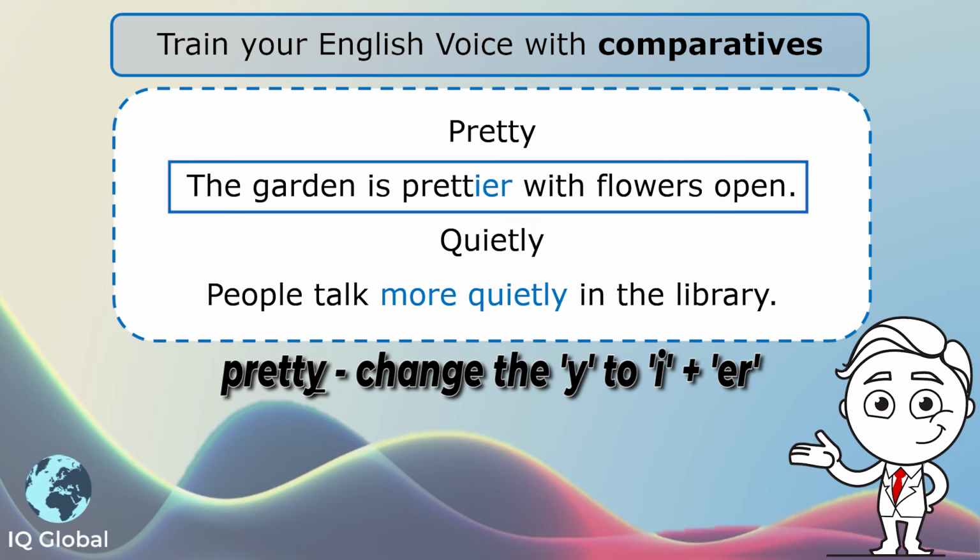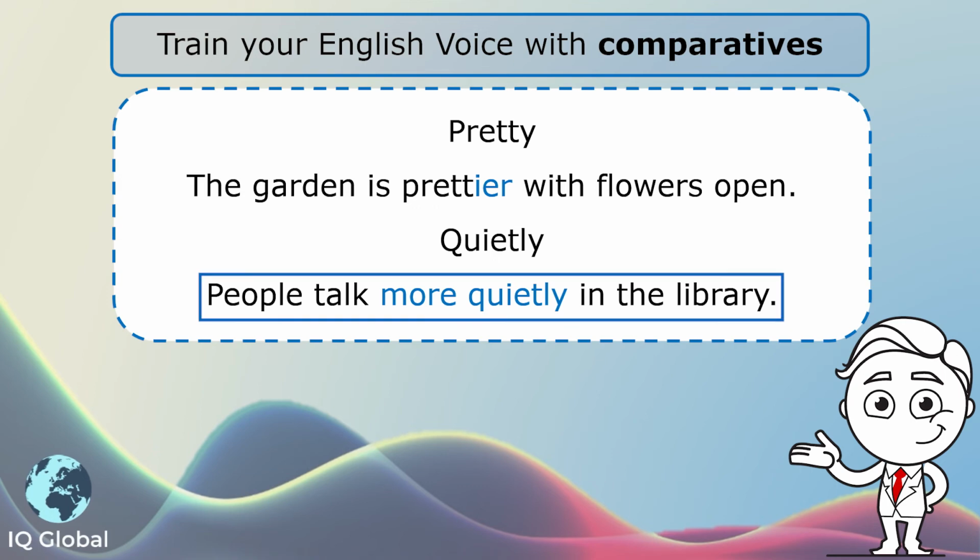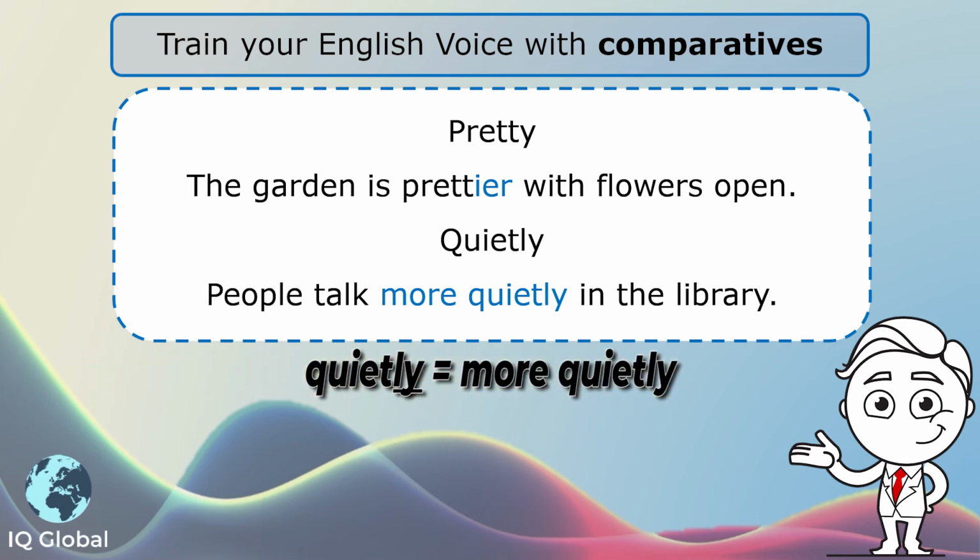The garden is prettier with flowers open. Have a look at the adjective quietly. We say people talk more quietly in the library. So we left the adjective ending with ly and we added more in front of it.